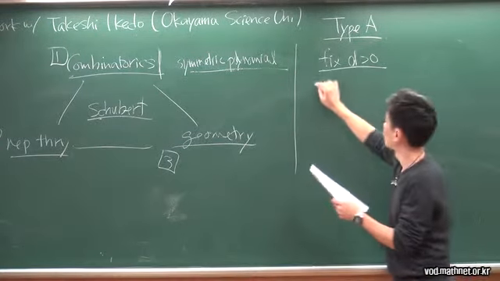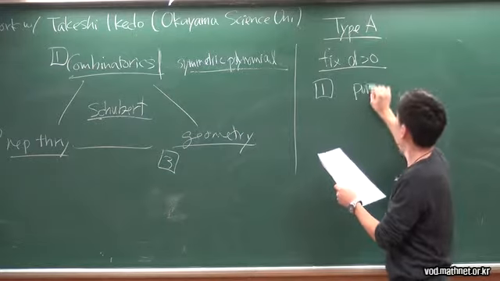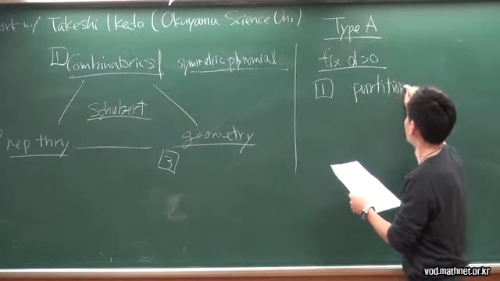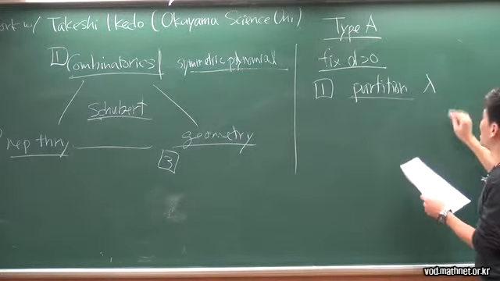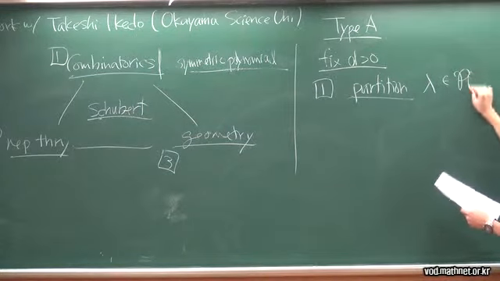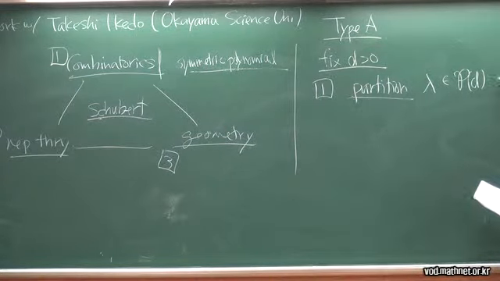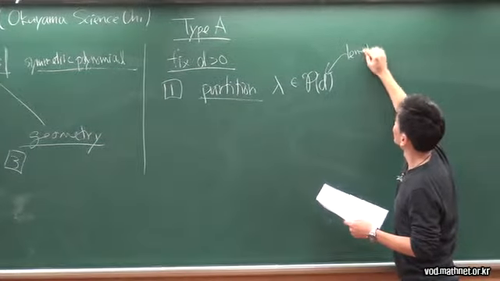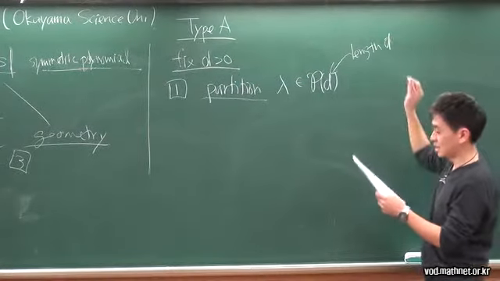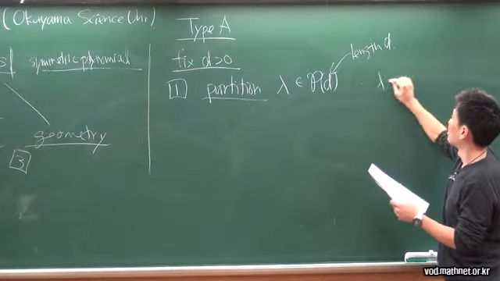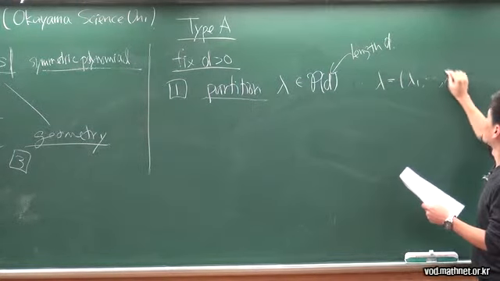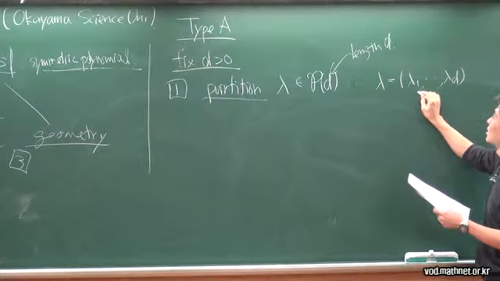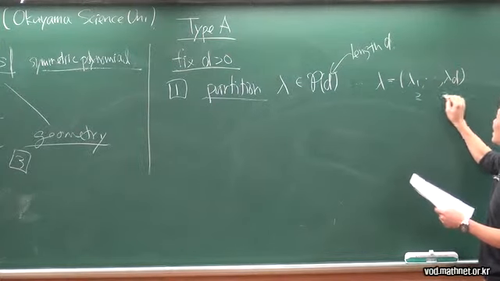And in the combinatorics, you look at partitions. We usually write lambda. This is the set of partitions with length d.